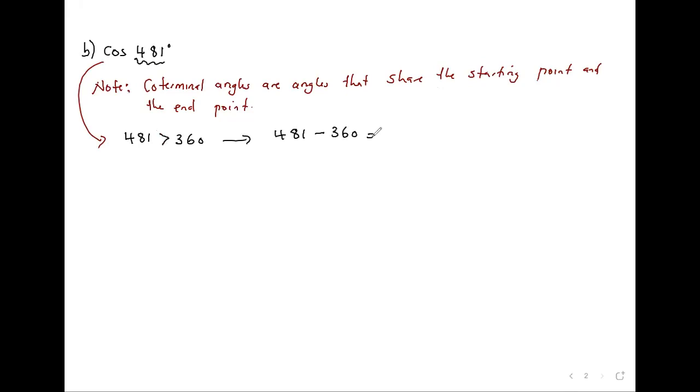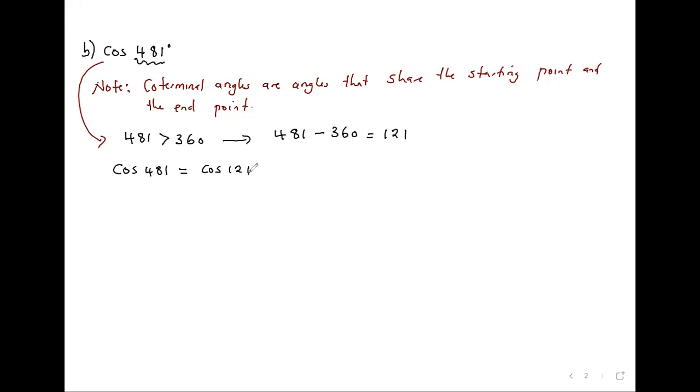What do we get? We get 121. So what we are saying now is that cos 481 is exactly equal to cos 121.